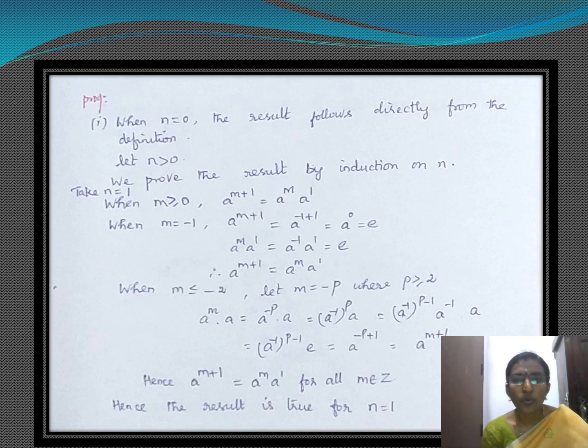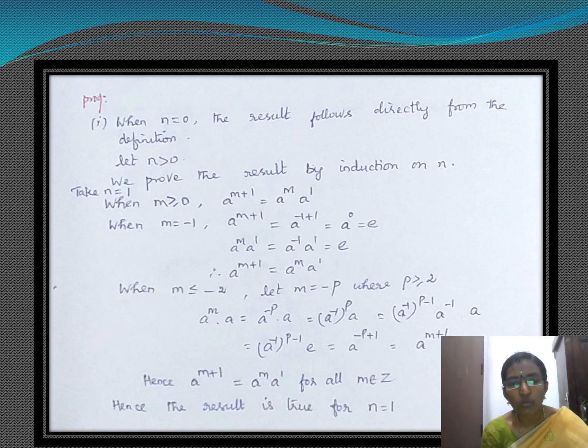We are going to prove the first one by induction on n. When n equals 0, the result is trivial. Let me take n greater than 0, starting from n equal to 1. When m is greater than or equal to 0, a^(m+1) is equal to a^m into a^1.